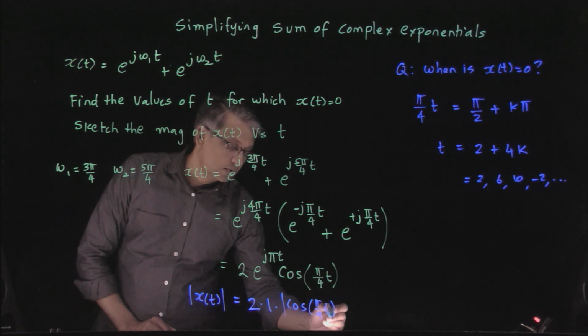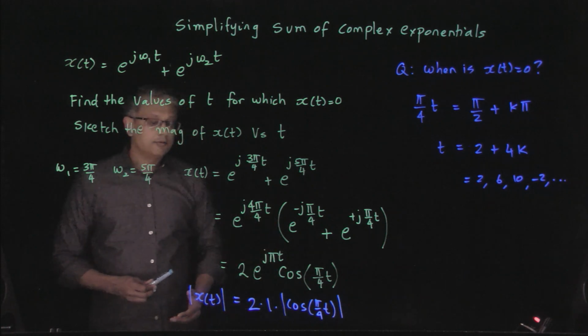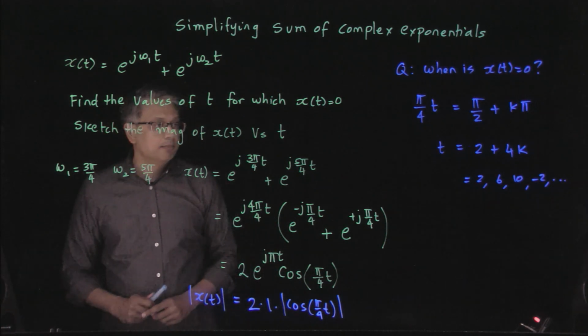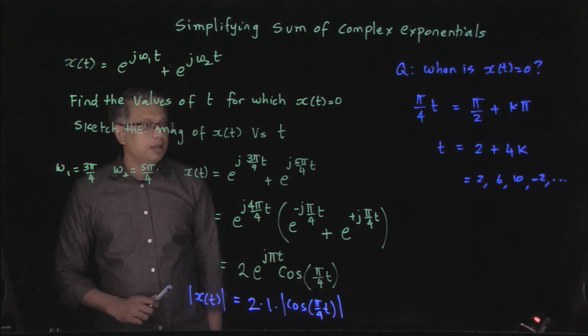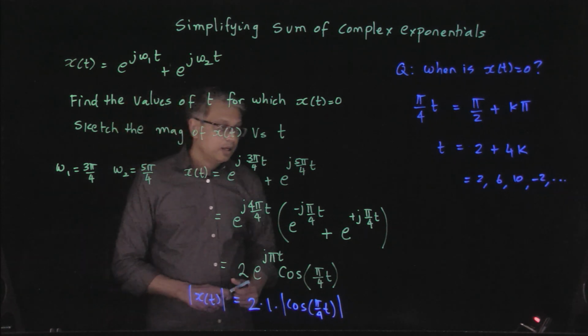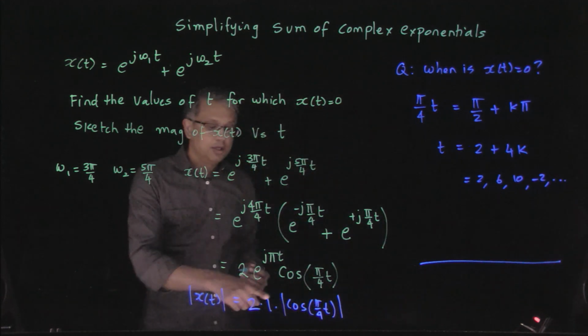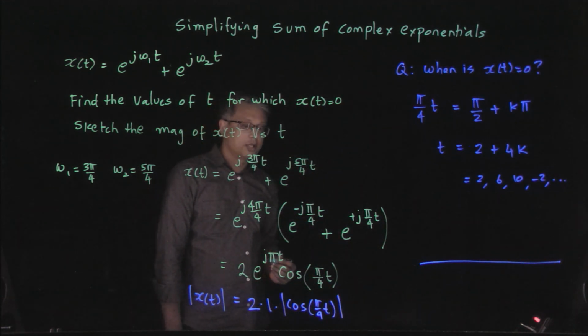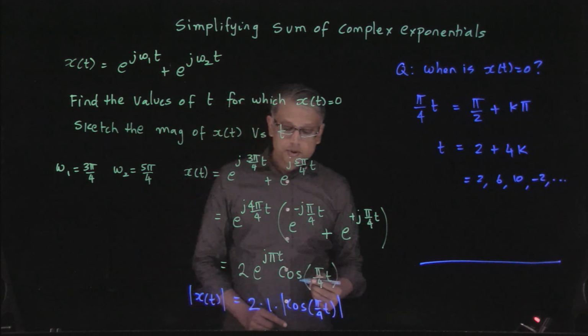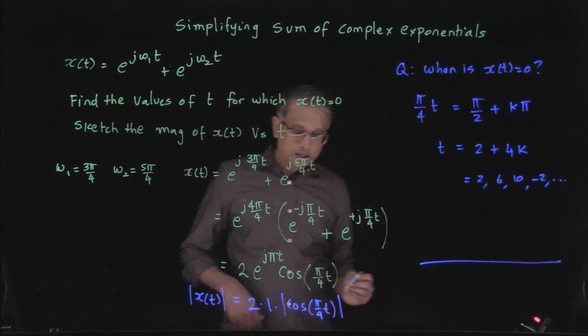So notice that cosine pi over 4 t is real, but it can be positive or negative. And since we are interested in the magnitude, that's simply going to be the absolute value of cosine pi over 4 t. And we can sketch this. It is just going to be like sketching a cosinusoid, except that the magnitude is going to be 2.